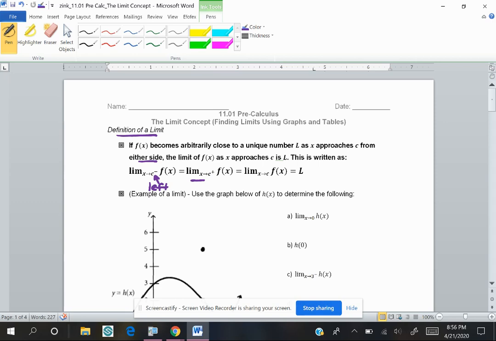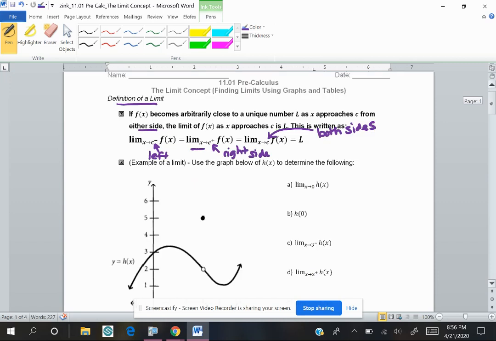If there's a little plus sign here, that means that you're coming from the right side. And if there's no plus or minus, it means it has to be true for both sides, whether you're coming from the left or from the right.